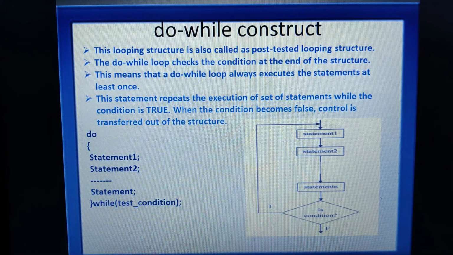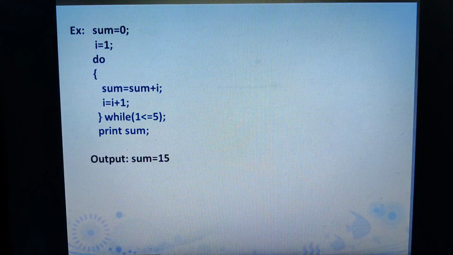Now let us look at the example here. Initially we assign the sum value to be 0. The i value is equal to 1, and directly we start with the do. Here I am calculating the sum value: sum plus i.